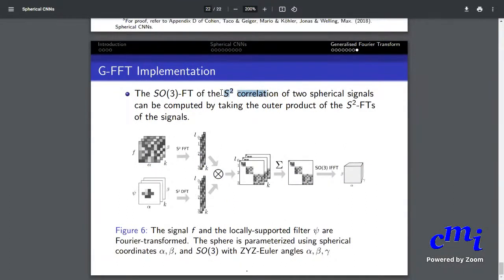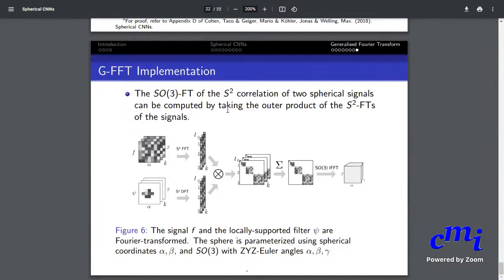So these are the two bases. Generally, projecting over this Wigner D function is harder. So instead of doing that, we use this property: we take the S2 Fourier transformation using this F2, and whatever representation we get, if we take the outer product of that, it will be equivalent to taking the Fourier transformation with respect to the SO3 domain. So that is the basic idea of it.